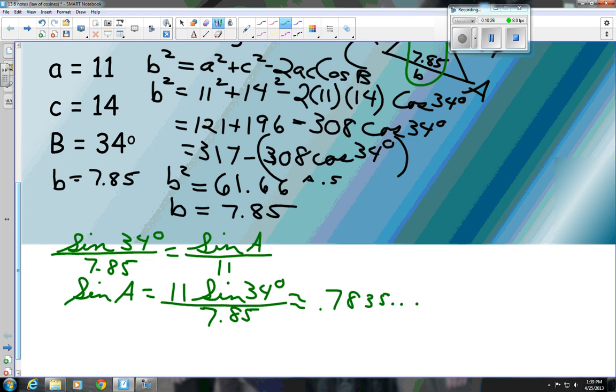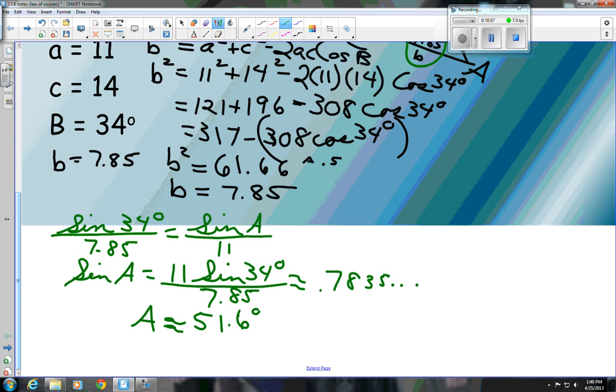Then you say second sine, second answer, that the inverse sine gives you A, which is about 51.6 degrees. Now the only other computation I have to do is to add it to B and subtract from 180. So you can round that to the tenth.